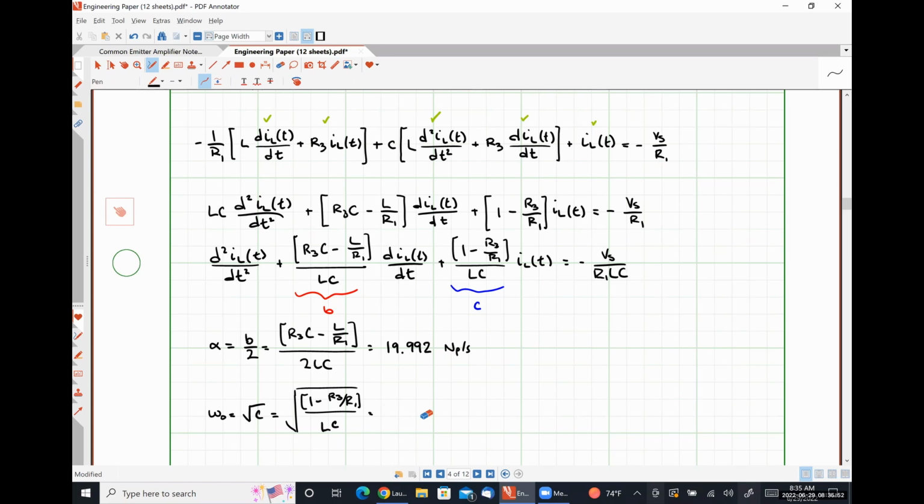Okay. So if I replace that 20 with a 5, I get 4.082 radians per second.